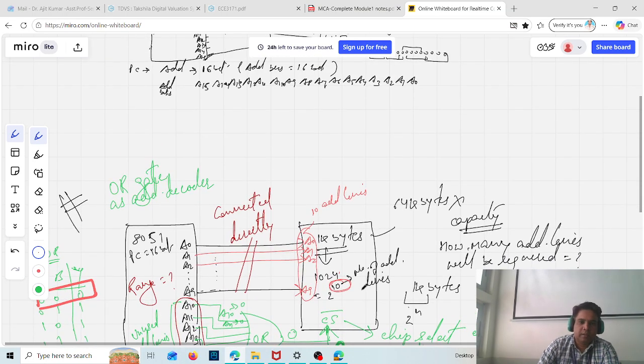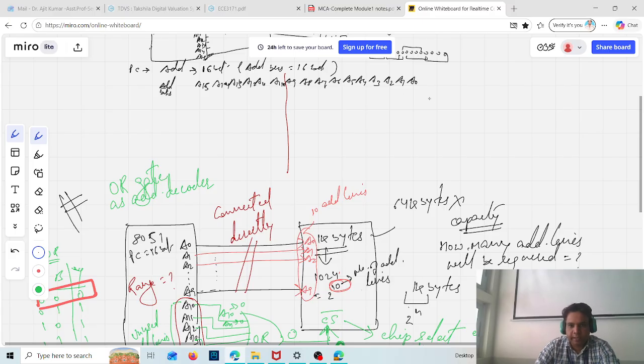You just segregate into these two parts. A0 to A9 are directly connected. For the address lines which are directly connected, the range of address will be all zeros to all ones.